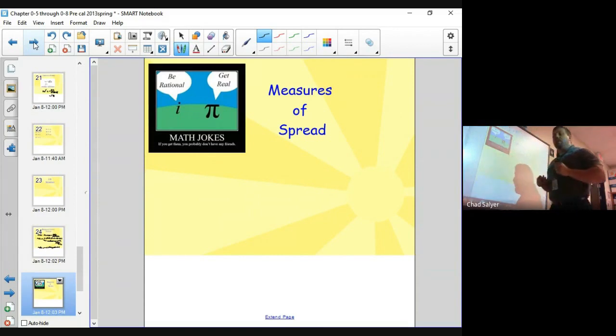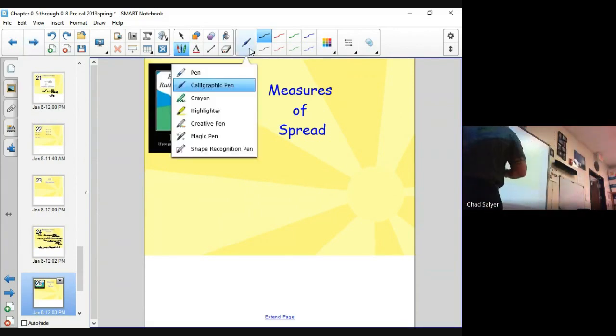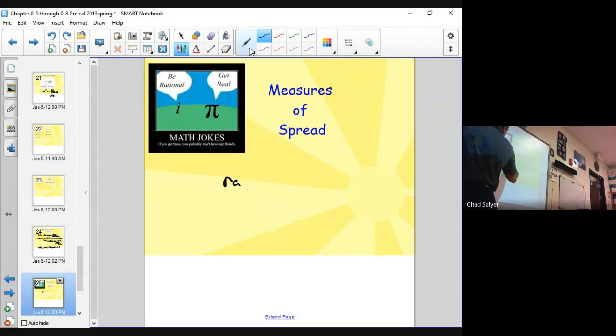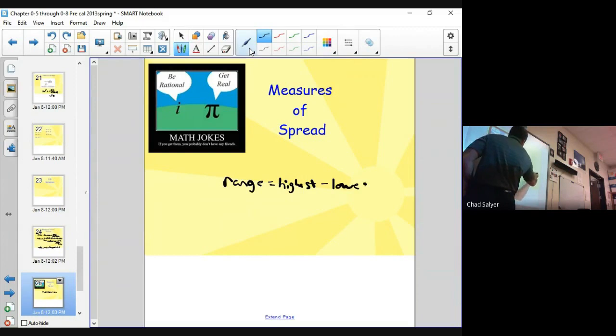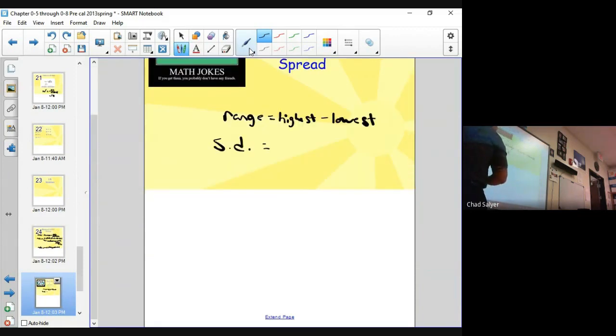Measures of spread. Okay, so when we're talking about how data is spread out, we have a couple primary things. First of all, the range, which is the highest value minus the lowest value. And we've got the standard deviation, which is a complicated formula that I'm not going to get into because it goes beyond the scope of this class.